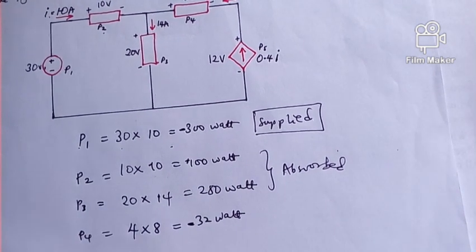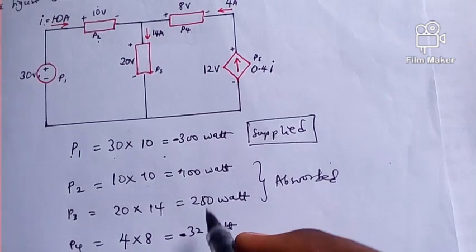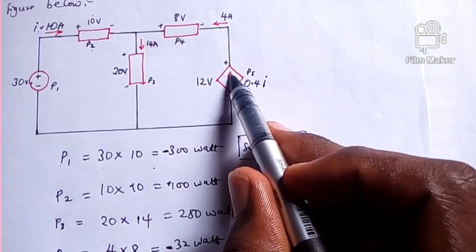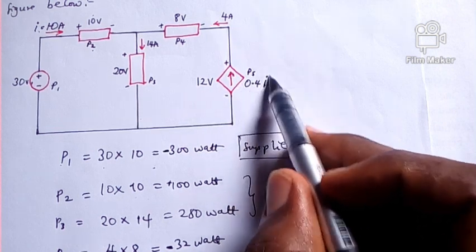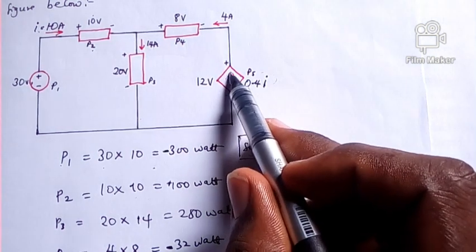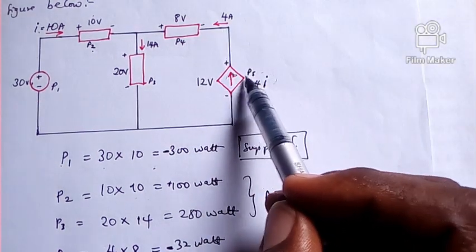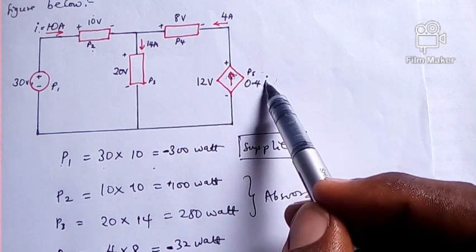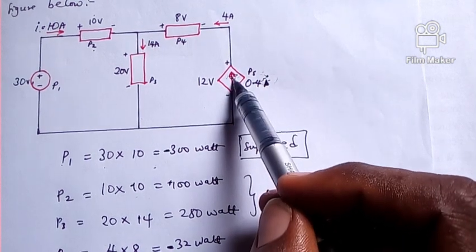And finally, P5. So what do we have? Notice that this is a dependent current source. So it means that the current depends on some voltage. So we don't know the current here. To determine the current here, we are going to figure out what it is dependent on, because this is a current controlled current source.